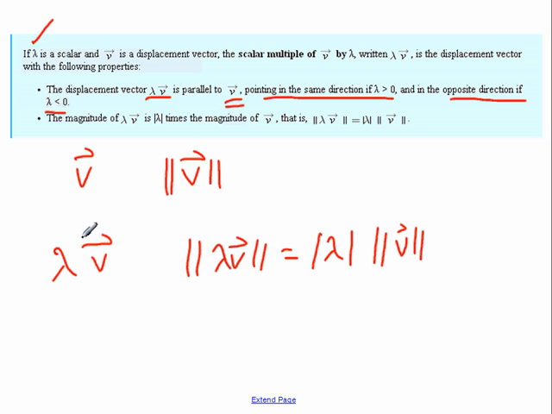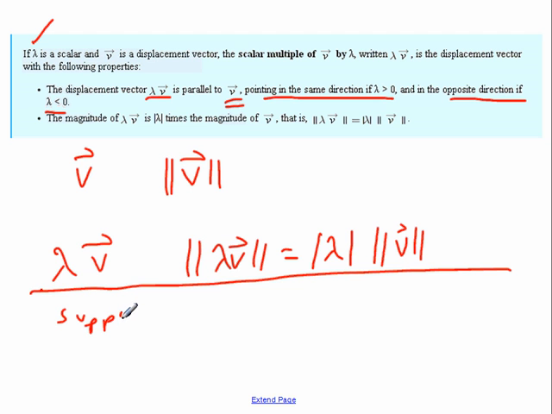Let's think about this in terms of an example, because we've got a bunch of letters here. Suppose we've got some vector w such that the magnitude of w equals 10. Now let's think about 5w. We're multiplying w by a constant scalar of 5.